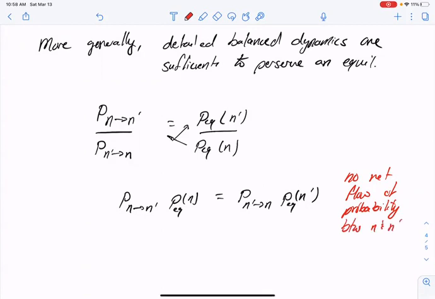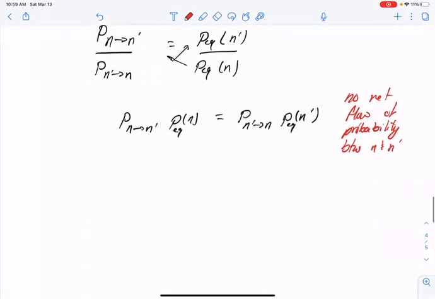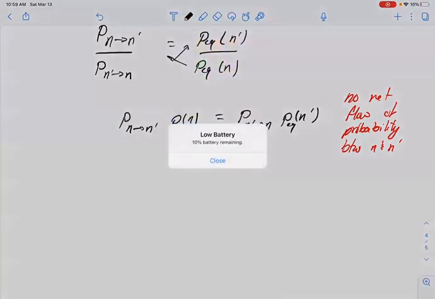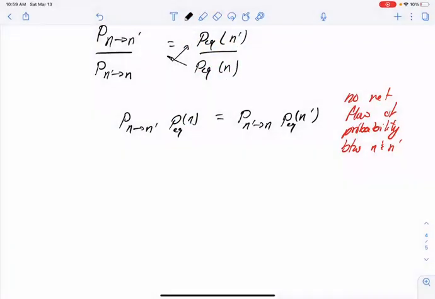The probability currents that take me between n and n prime are exactly balanced in the equilibrium state set by those dynamics by the probability current occurring in reverse. A strong statement of equilibration is that this holds for all n and n prime.